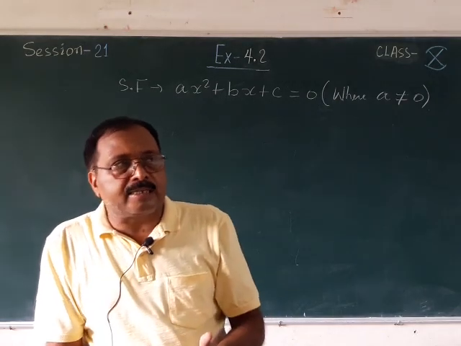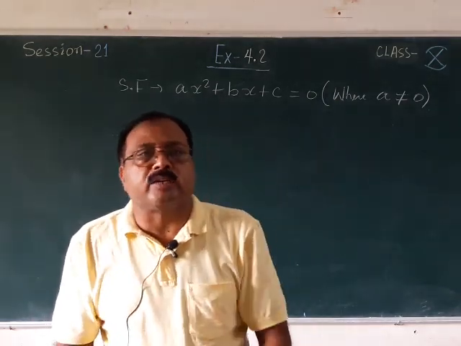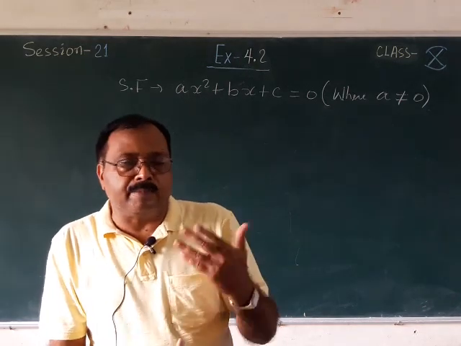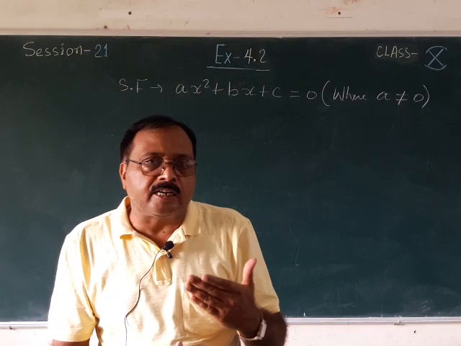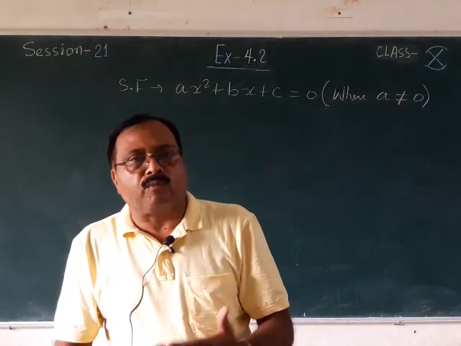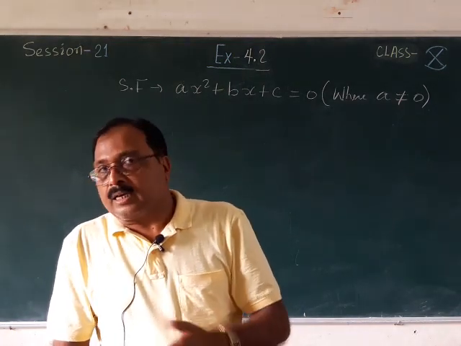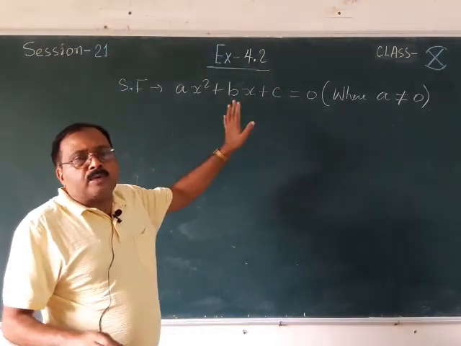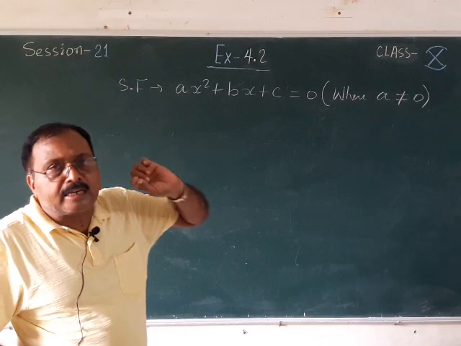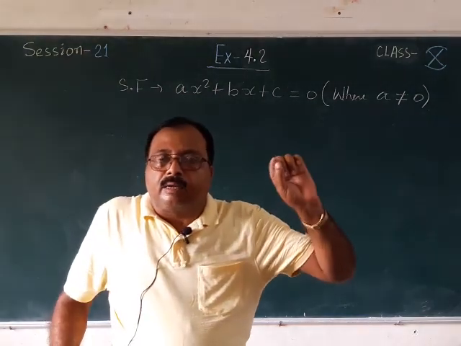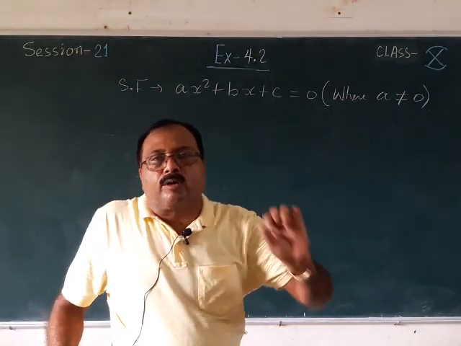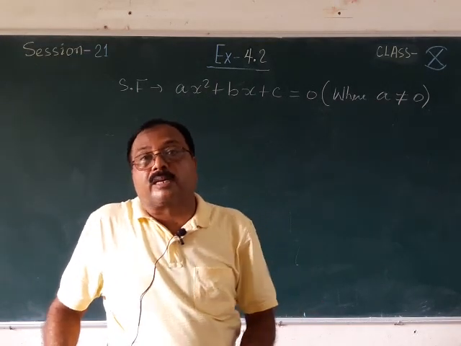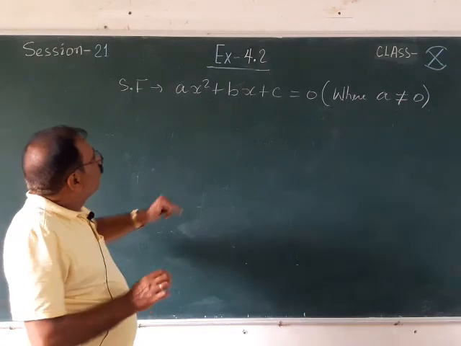And there is one more thing: if you are unable to get it, then you can split the middle term. That means by splitting the middle term also you can find the factors. If your equation does not come under any formula, then by splitting the middle term you can find its factors. And if that is also not working, then what will you do?